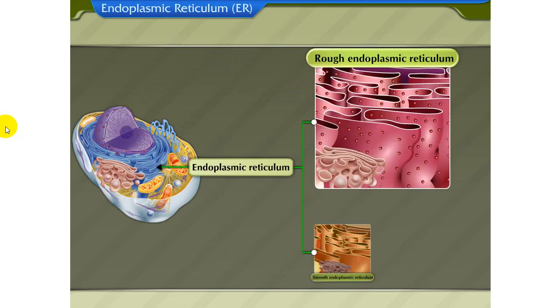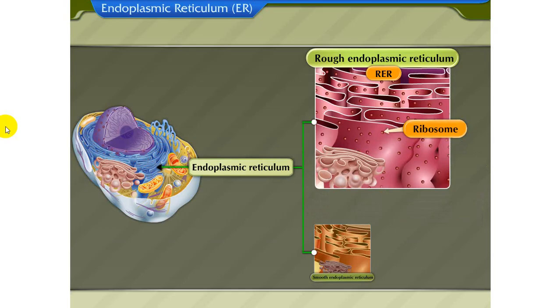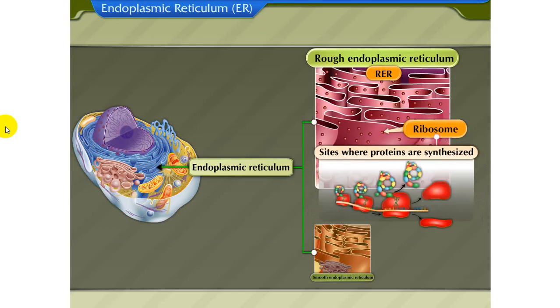Rough endoplasmic reticulum, RER, looks rough under an electron microscope. It has particles called ribosomes attached to it. Ribosomes are present in all active cells. Ribosomes are the sites where proteins are synthesized.